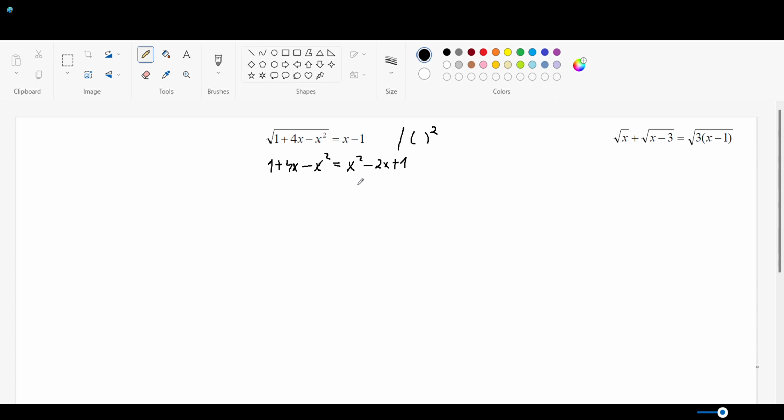We move the whole expression from the right side to the left side. So basically it means we do in one step take away x squared plus 2x take away 1. So our equation will now be minus 2x squared plus 6x, and then minus 1.